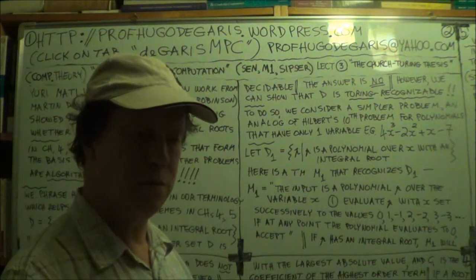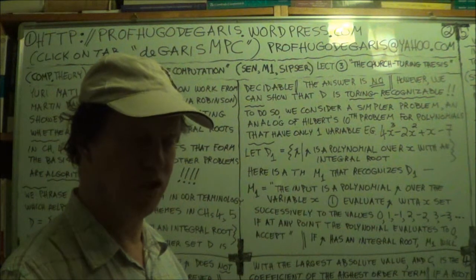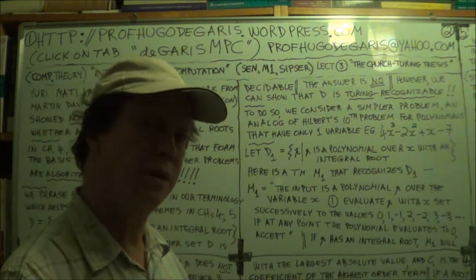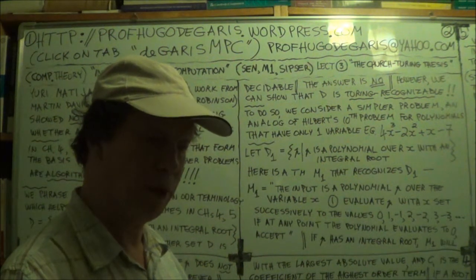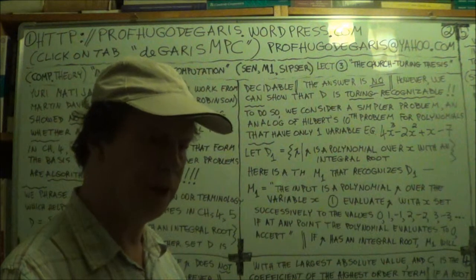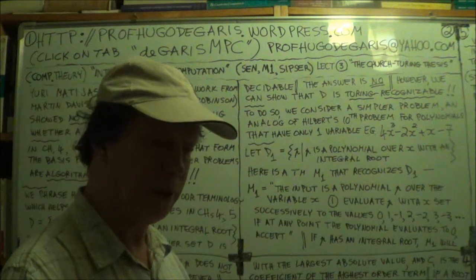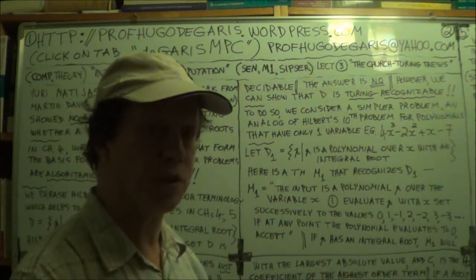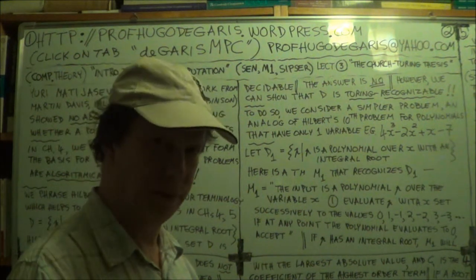Well, then for your Turing machine there are two possibilities. It'll reject, or it'll loop. It may go on forever. So that's the problem. If you cannot find a machine that will either accept or reject in all cases, for all strings, then you do not have a decider.